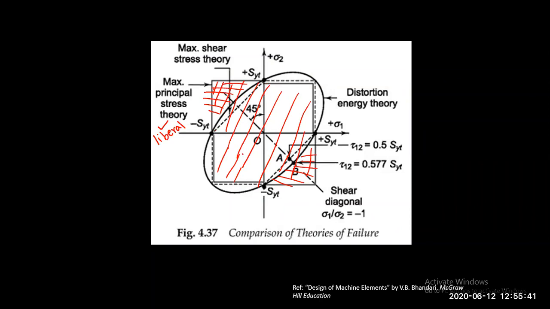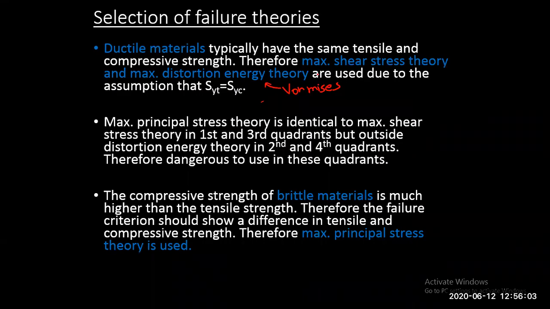The other two theories of failure say it is not safe, but this theory says it is safe. For safety purposes we use ductile materials, so we should have some warning before the part fails. That's why we use ductile material. But if it shows safe even though it is not safe, then it defeats the purpose. So that's why we use the two modified or optimized theories of failure for ductile.